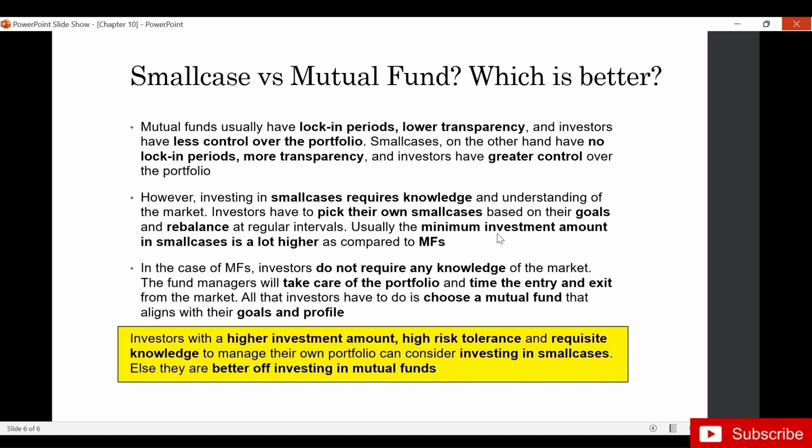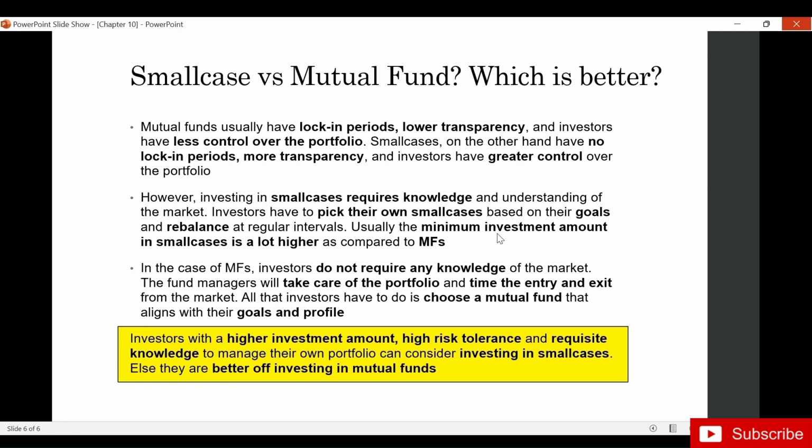In case of mutual funds, investors do not need to have any knowledge of the market. The mutual fund managers will take care of the portfolio and also decide when to enter and exit the stock market. So all the investors have to do in case of mutual funds is to choose a mutual fund that is in alignment with their goals and profiles.